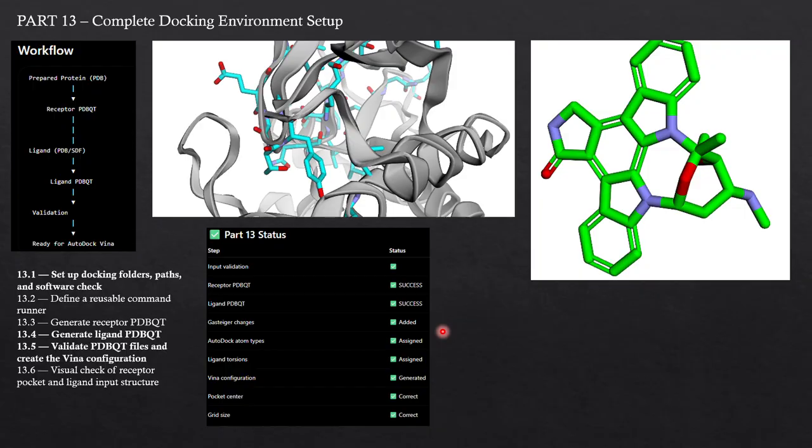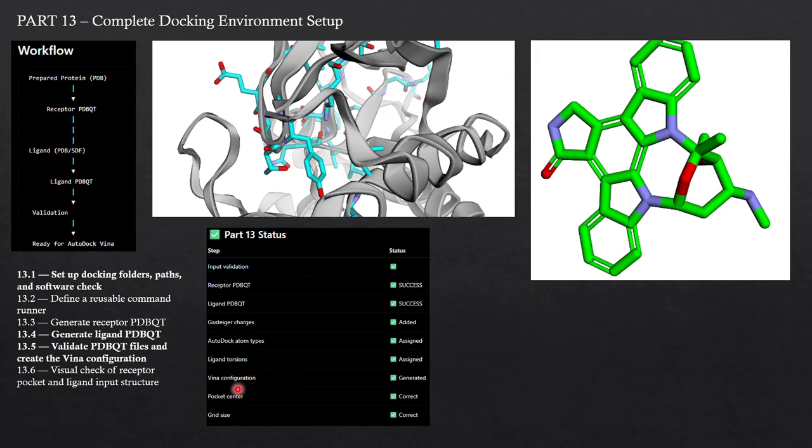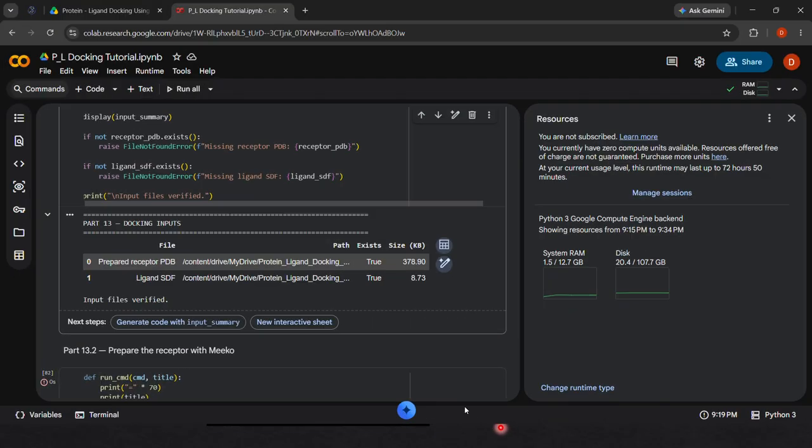Basically, in this process multiple libraries will be called, like the Vina configuration will be done, ligand torsions and pocket centers, all these things will be done by the system.